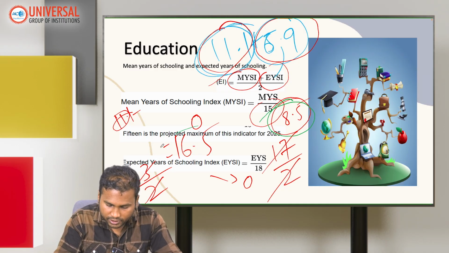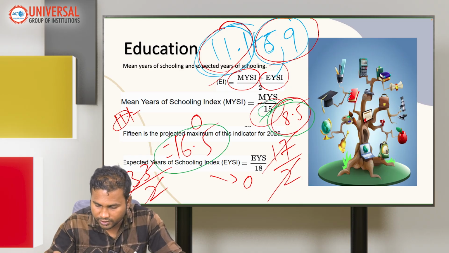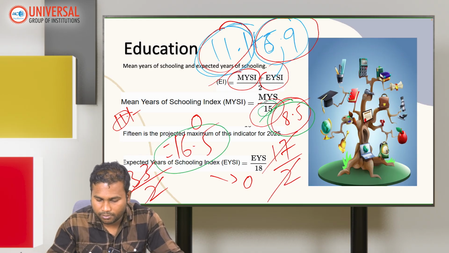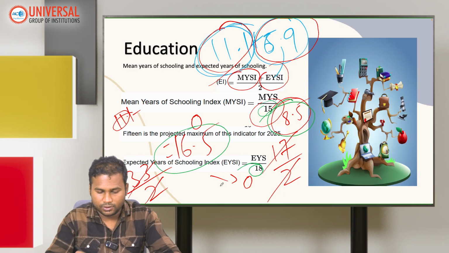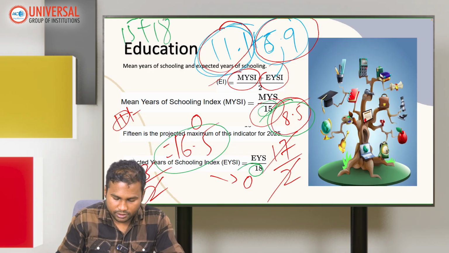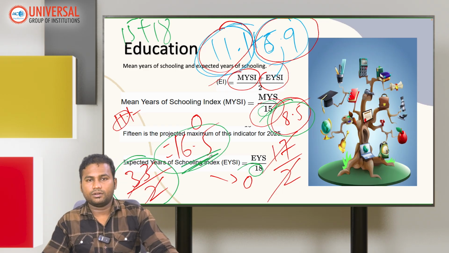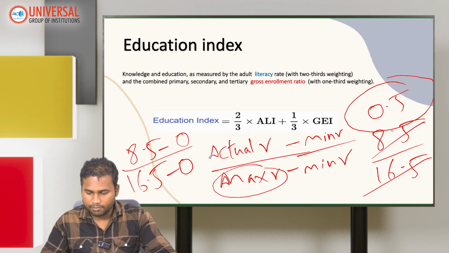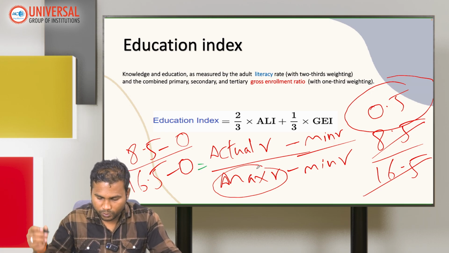The maximum value, since the formula itself is prescribed, is 15 for mean years of schooling and 18 for expected years of schooling. So 15 plus 18 is 33, divided by 2 is 16.5.